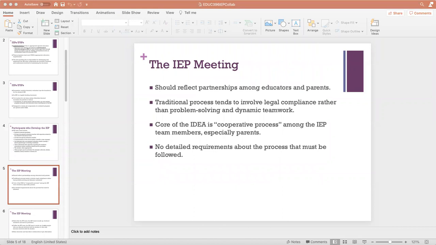So at the RTI meeting, and I'm going to try and contrast these as best as possible, a teacher is coming for the first time, probably the first time, and then follow-up times, with a specific set of problems that need to be hashed out.